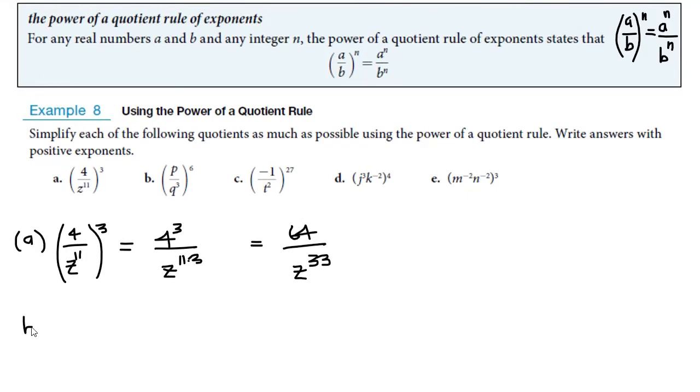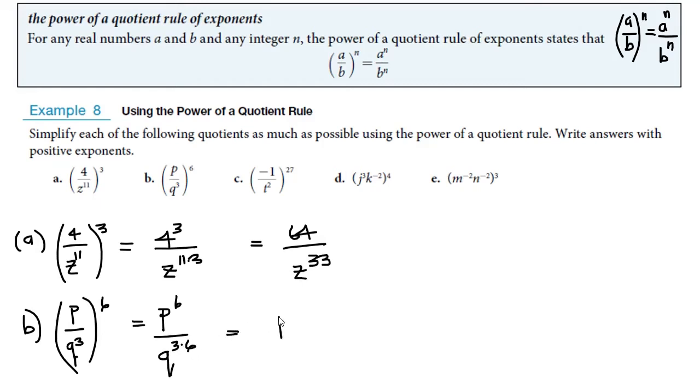In part B, we have p divided by q cubed all to the power 6. So that gives us p to the power 6 in the numerator and q to the 3 times 6 in the denominator. So that's p to the power 6 all over q to the power 18.